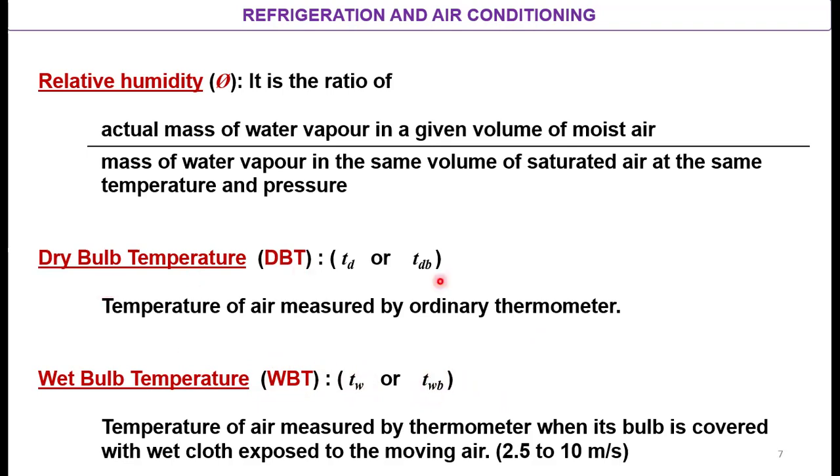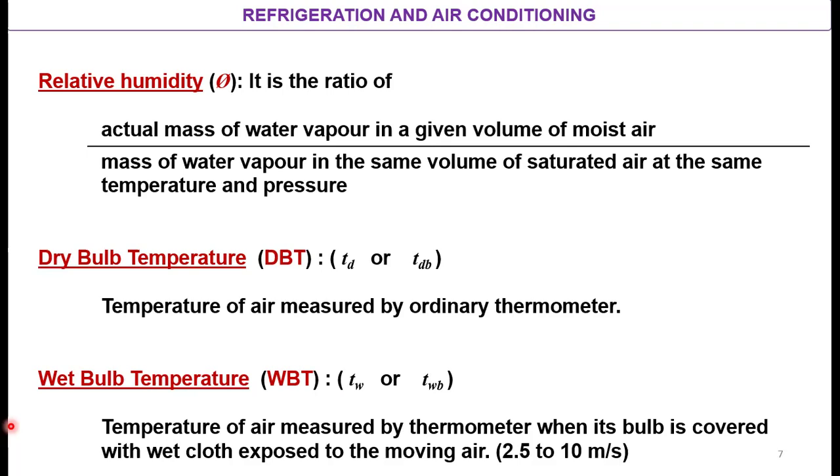Take the thermometer used for measuring the dry bulb temperature and cover its bulb with a wet cloth, and allow the surrounding air to flow over this wet cloth. The air will take heat from the wet cloth, and the height of the fluid inside the tube will be lowered and reach a certain minimum value. That value is the wet bulb temperature.